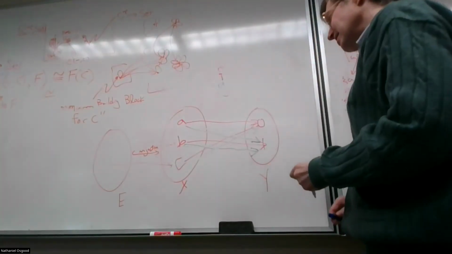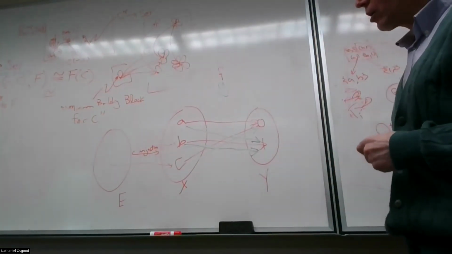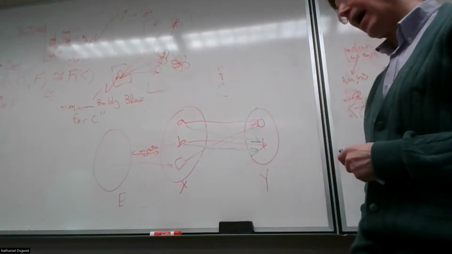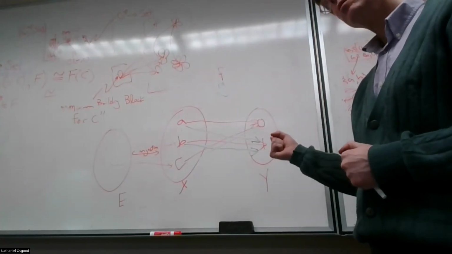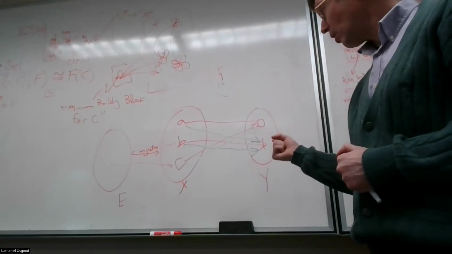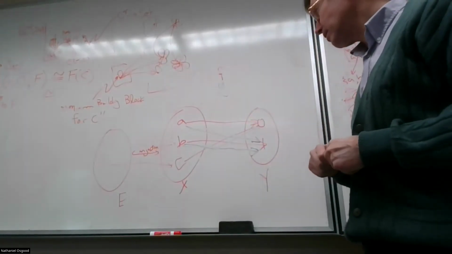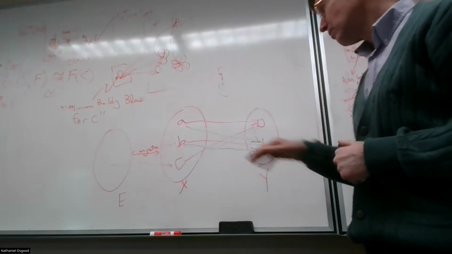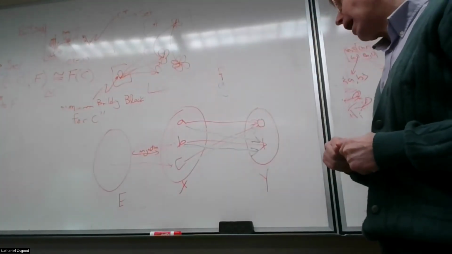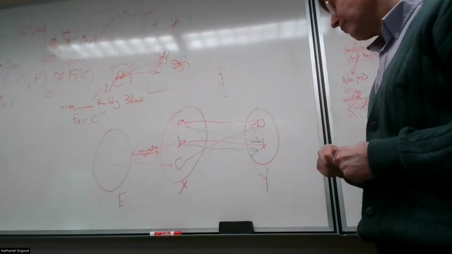Okay. So we are looking for the subset of X that are mapped onto the same thing, so that F and G agree as to where they map. What subset of X are mapped in the same way by F and G?